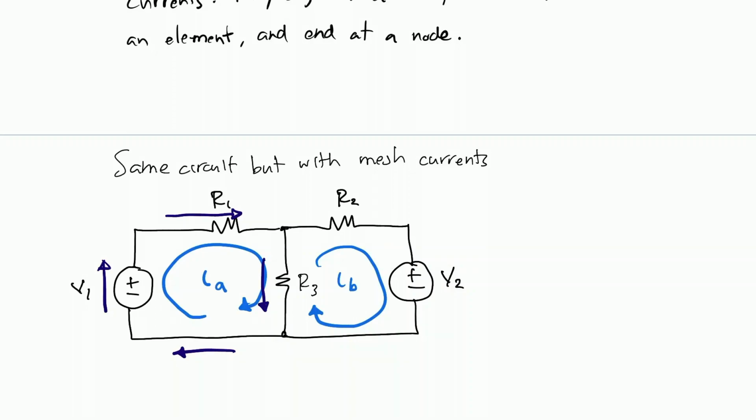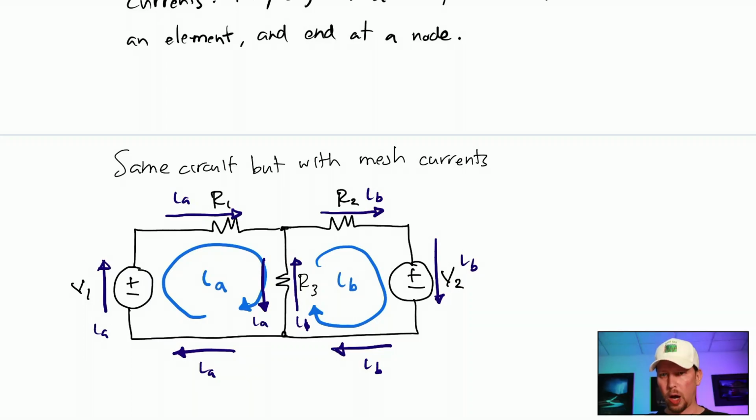So all of these are the same IA. And for the other one, that circle that I have, IB flows through here, through there, and it also flows through there. So notice how IA and IB are flowing along the entire perimeter of these meshes. They're not starting at nodes and ending at nodes. They're everywhere defined along that mesh.